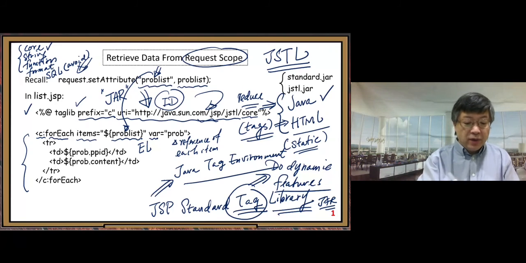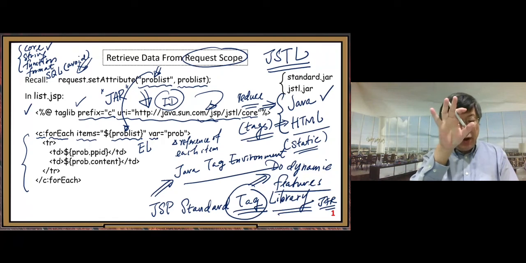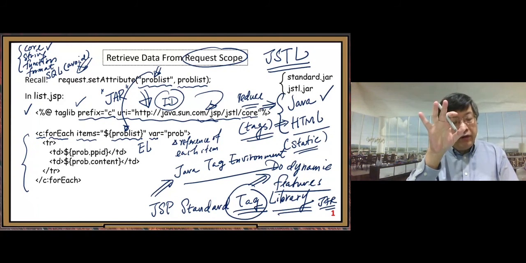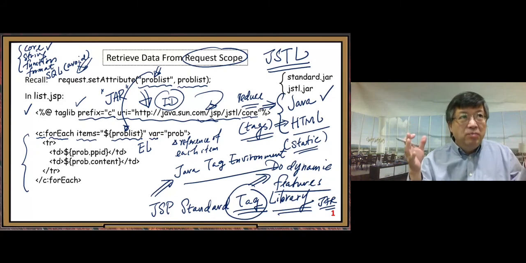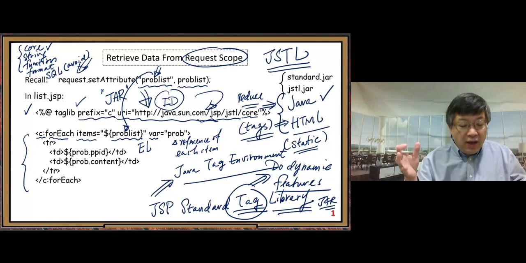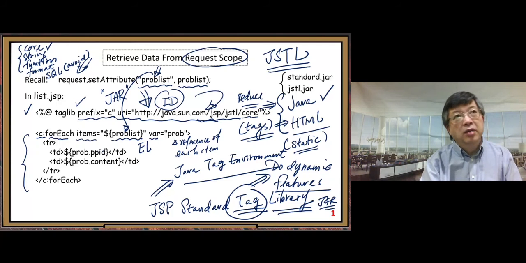Okay. Then inside each row, here we use a table format. In each row of the table, we need to get the ID, PPID, problem ID. Here you may ask me why we call it PPID.